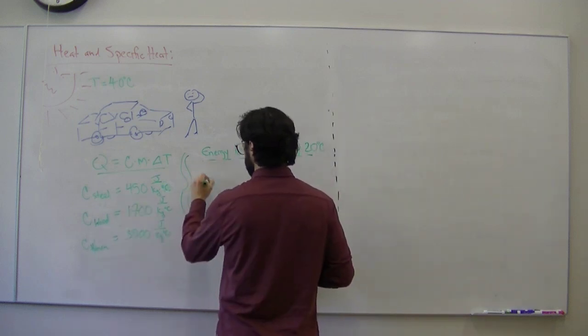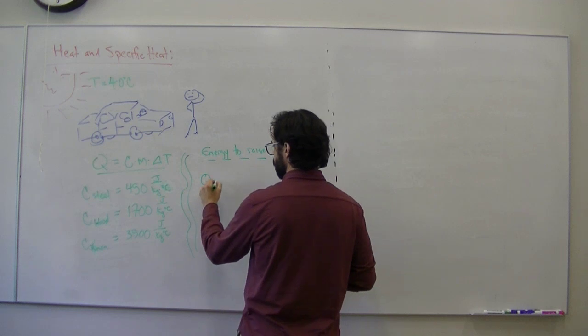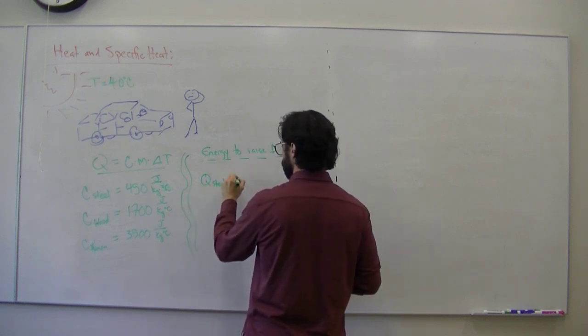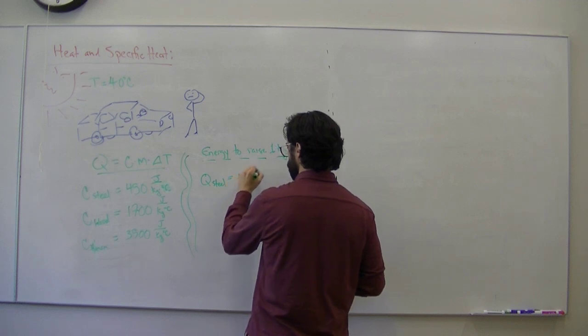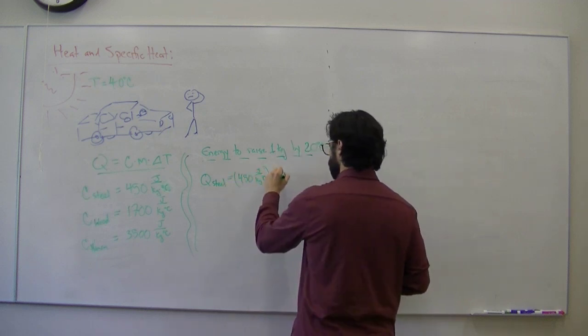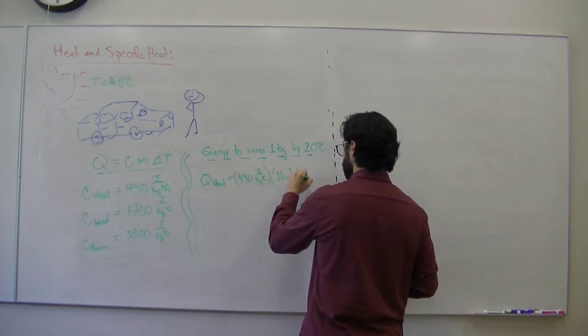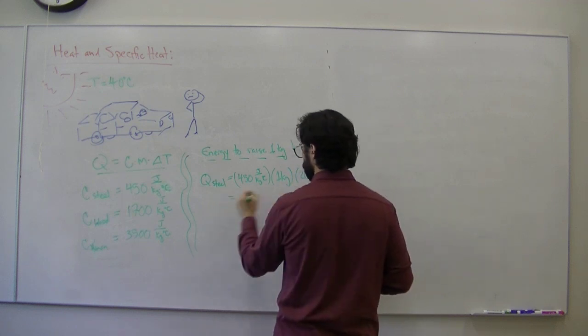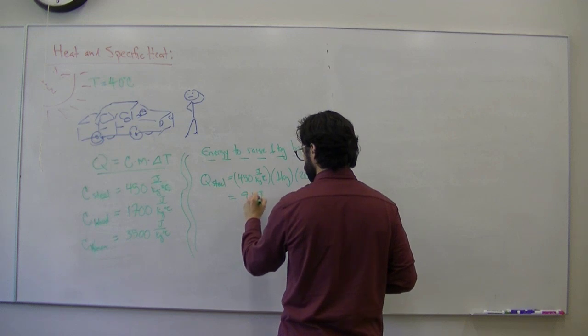Okay, so the heat for steel: I want to raise 1 kilogram of steel, which has a heat capacity of 450 SI units, by 20 degrees Celsius. In Kelvin, no problem. Multiply that out, I get 9 kilojoules.